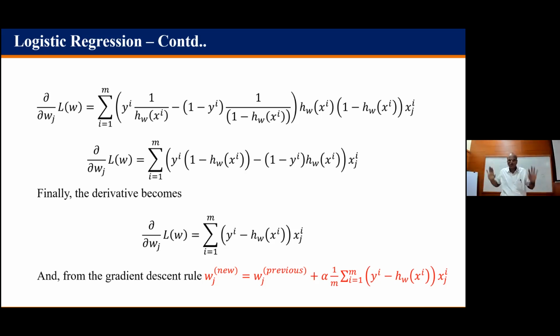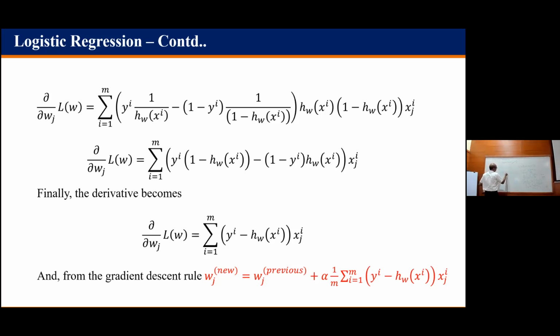So to cut a long story short, finally ∂L/∂Wj is nothing but the sum of (yi minus hW of xi) into xi.